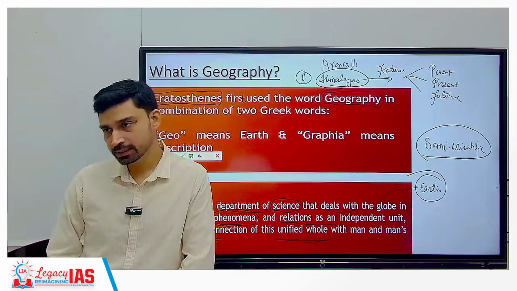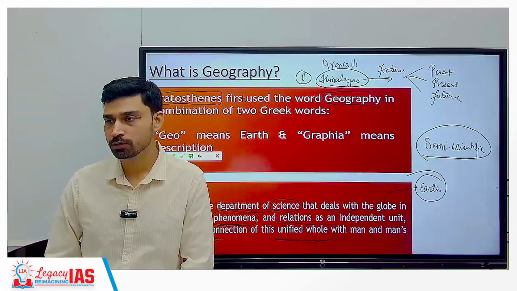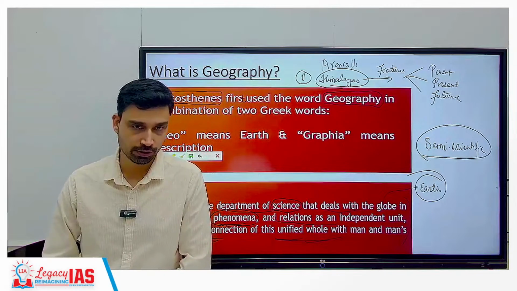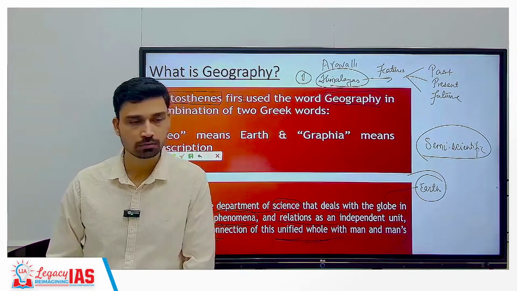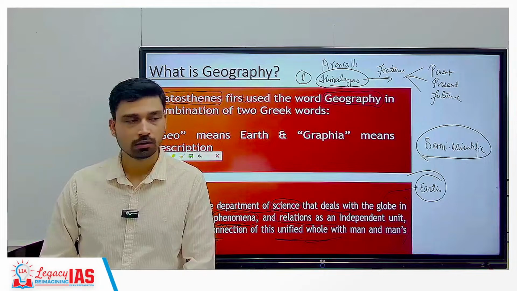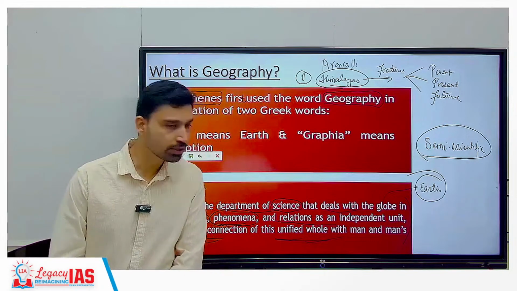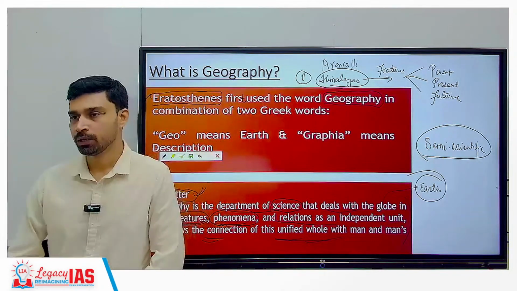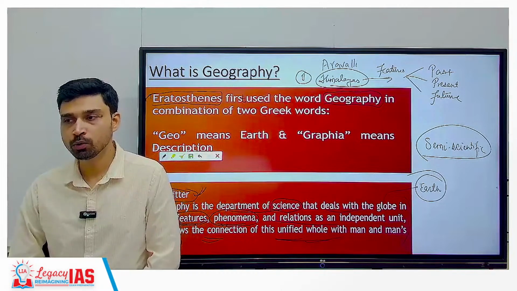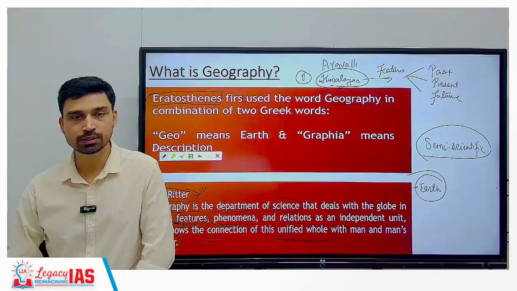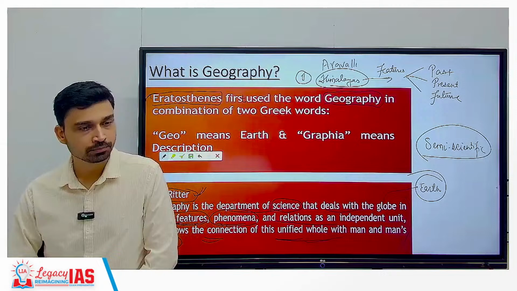Weather phenomena, that is related to the atmosphere. What else, if we talk about the surface itself? See, basically, phenomena means geological phenomena. If you consider what is happening from below the earth, what kind of natural disaster results from below the earth?